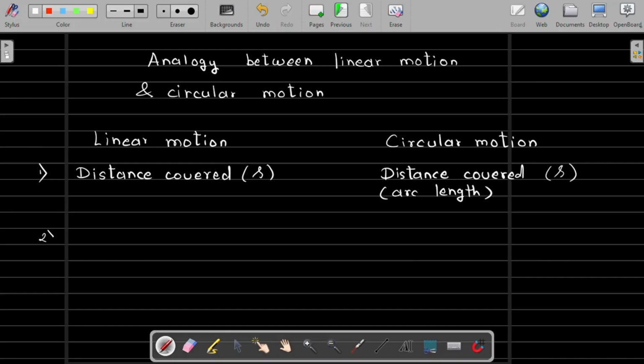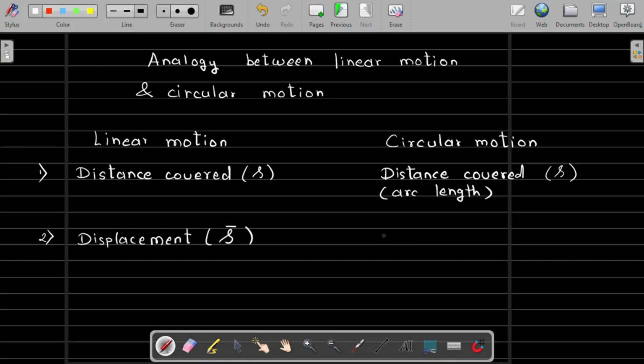Second thing is displacement. Now we know distance covered is a scalar quantity and displacement is a vector quantity. So here I am supposed to write S bar.